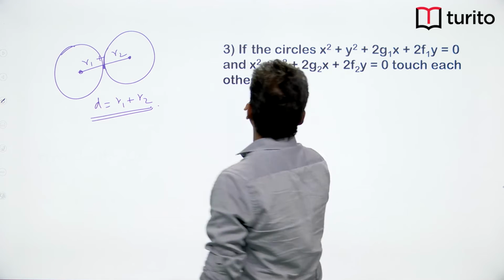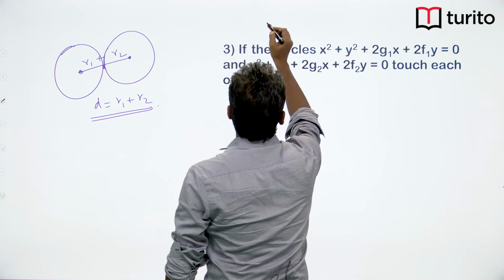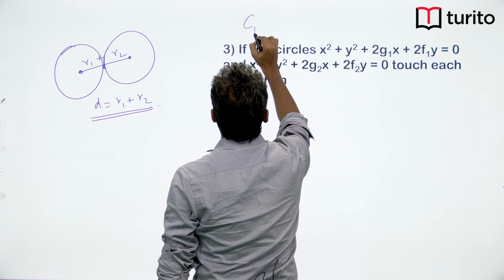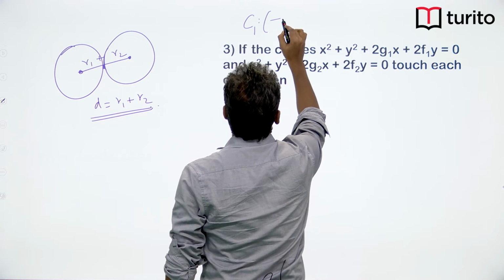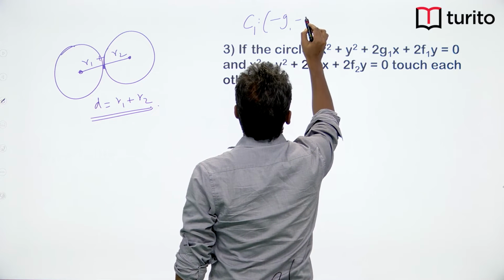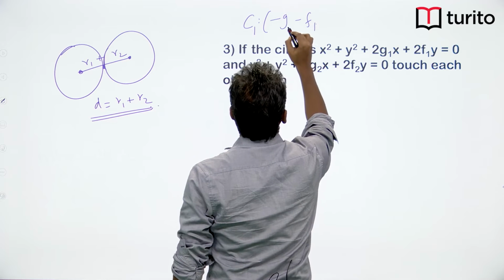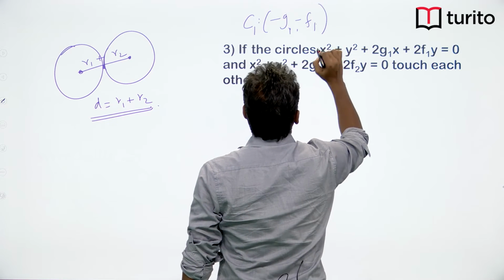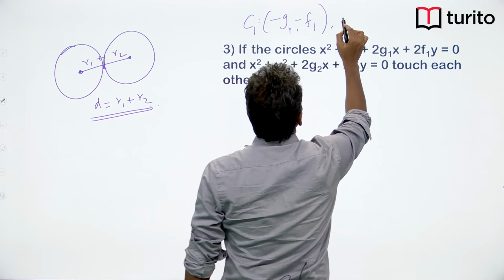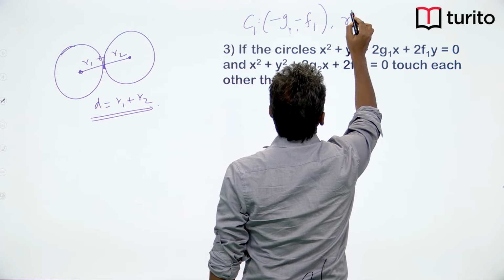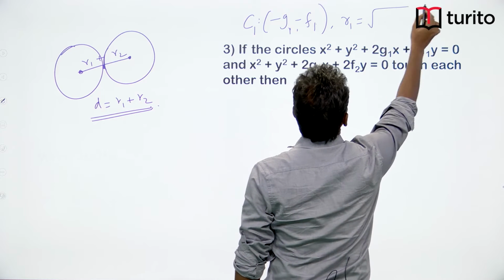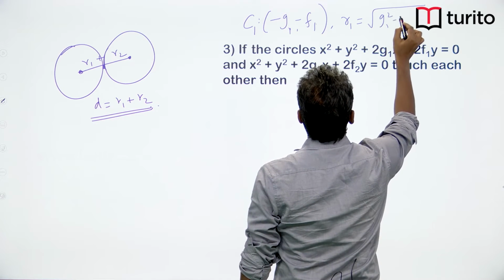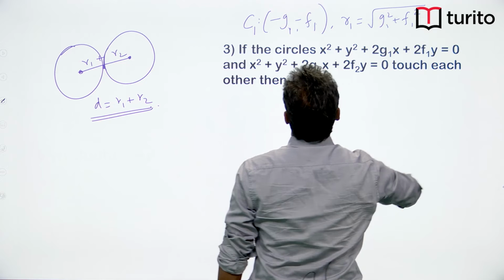So, when I take the center of the first circle, let us name it C1, it will be minus G1 comma minus F1, and the radius of the first circle R1 will be root of G1 square plus F1 square.